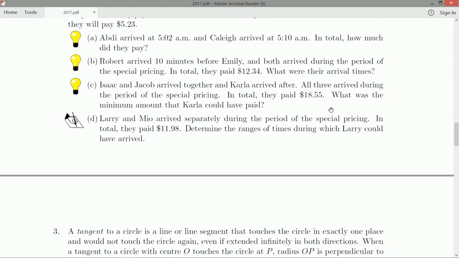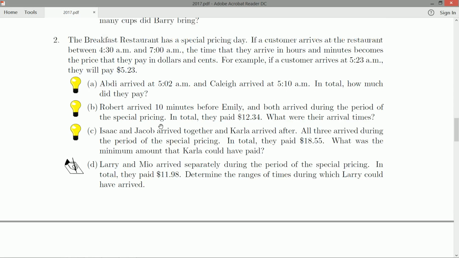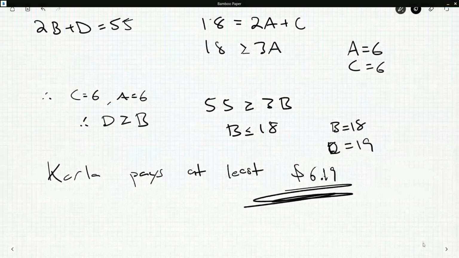The minutes, it's a weird calculation-based question. All right. So they arrived separately. We don't know if, I mean, there's sort of a symmetry going on here. We didn't say that Mio arrived after Larry or anything like that. So we'll begin as we did with the Isaac, Jacob, and Carla situation.